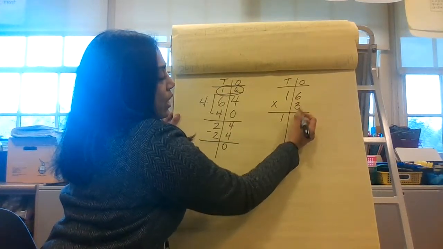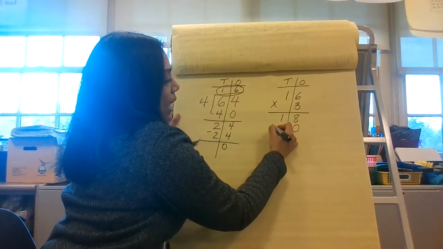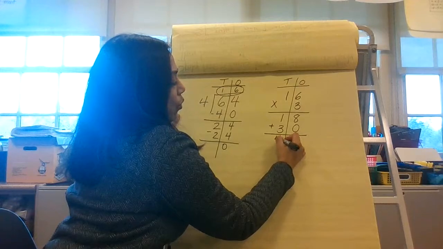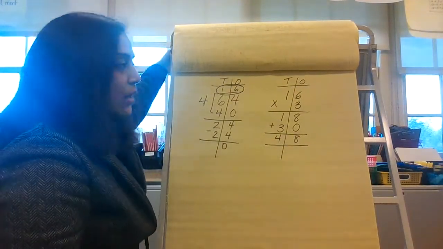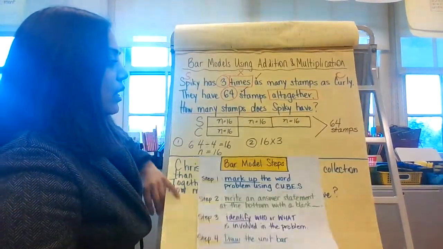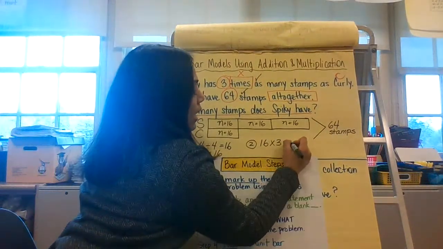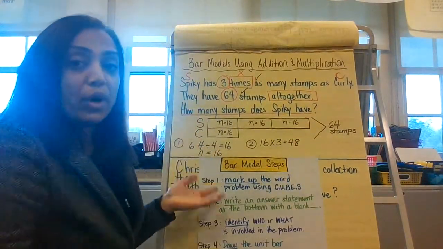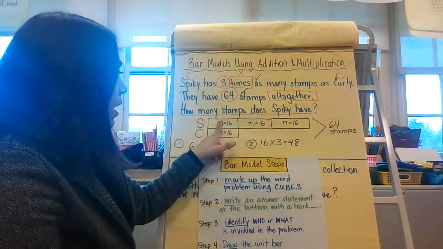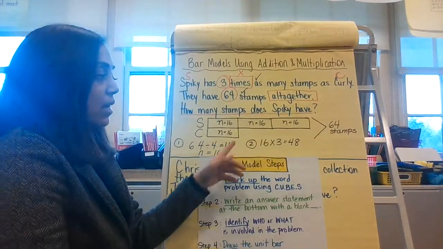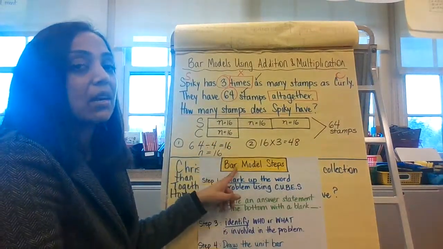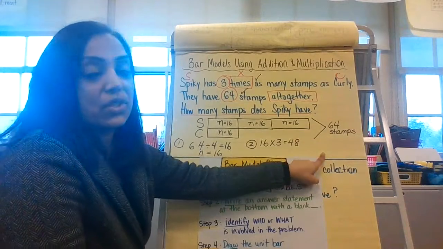10 times 3 is 30. And when we add that, we get 48. Okay, so going back over here, 16 times 3 is 48. But what does that 48 represent? It is how many stamps Spiky has. And again, you see that a mistake that I made here was that I did not write an answer statement over here.